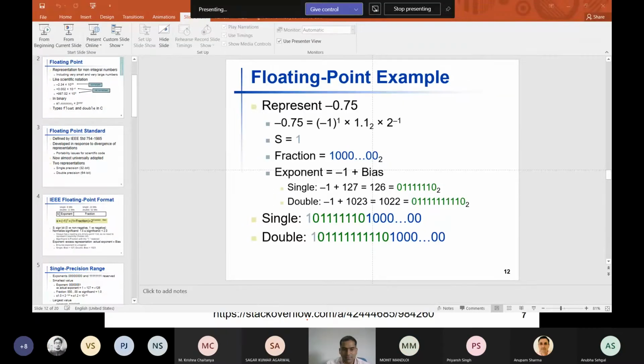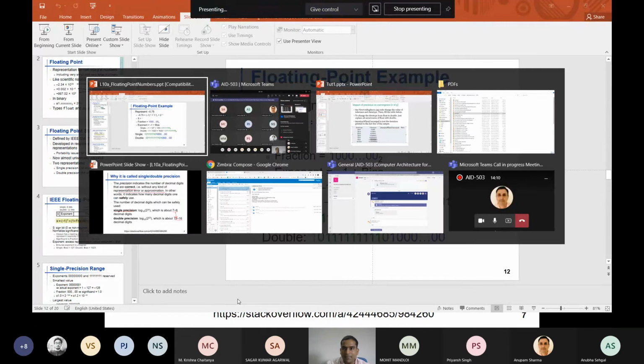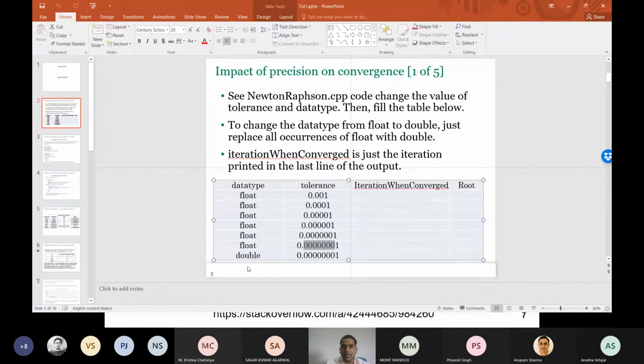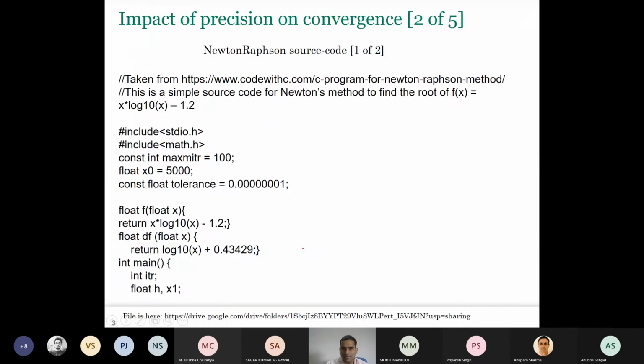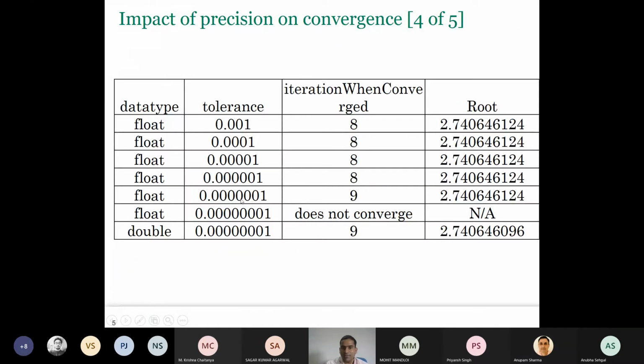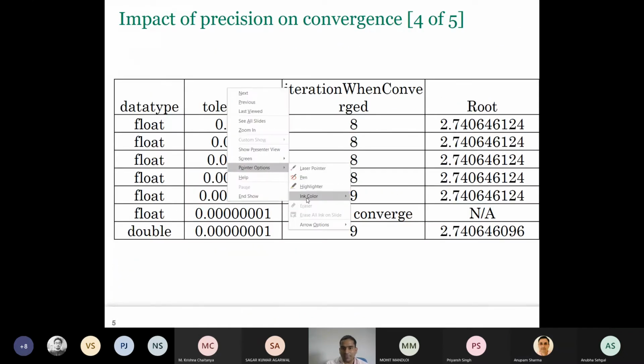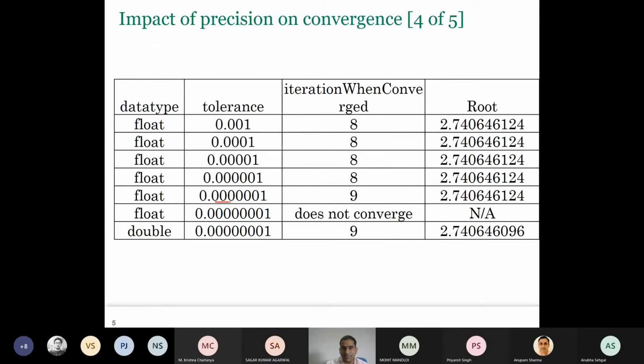If I share the screen, so here you can. Okay, you can see this part. Everybody can see this. Yes. So here, see, we had 3 and 3, 7. So we had only 7 digits after decimal. So it converged. But when we went to 8, 4 and 4, 8, it did not converge.